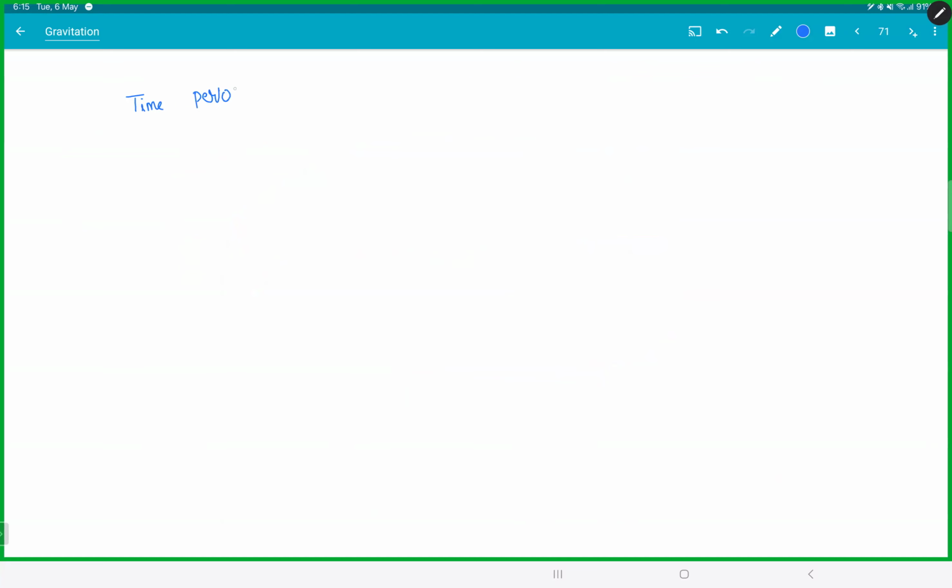Therefore, the time period will be the area of an ellipse, which is pi AB, divided by the areal velocity. Area of an ellipse is pi AB. Areal velocity is L bar by 2m. So you can substitute this.